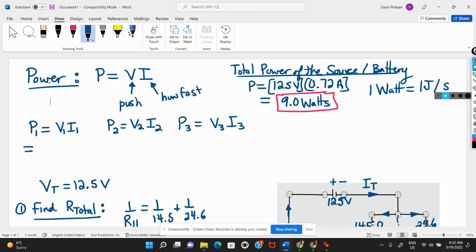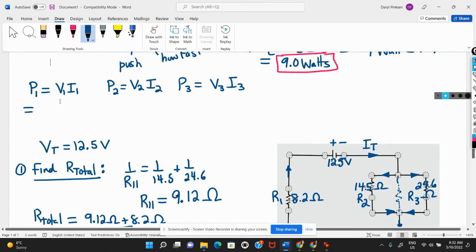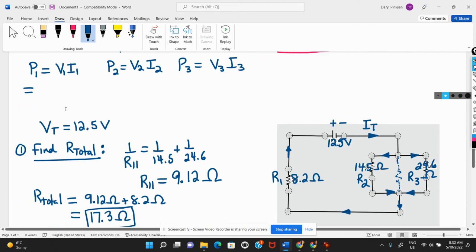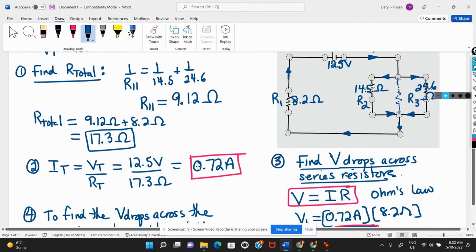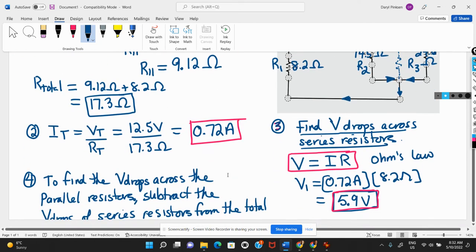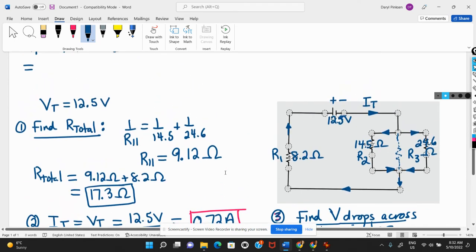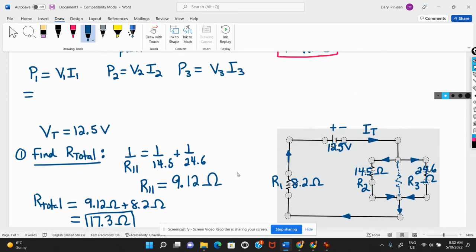So in the first resistor, the voltage across this one, we found that one was 5.9. So this is 5.9 volts across here. And the current flowing through it is 0.72 amps.